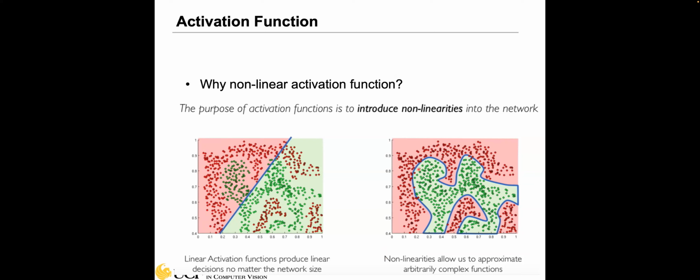Depending on how complex your nonlinear function is, you can even make a very complex function wiggle around all these points and make a perfect separation of these two classes. That's why we need nonlinearity in your decision functions, so that you are able to separate these kinds of complex data structures.